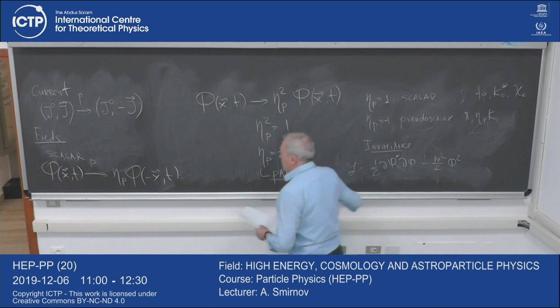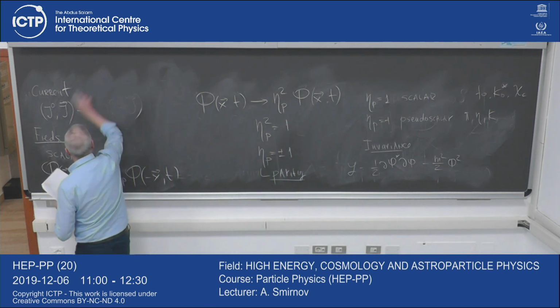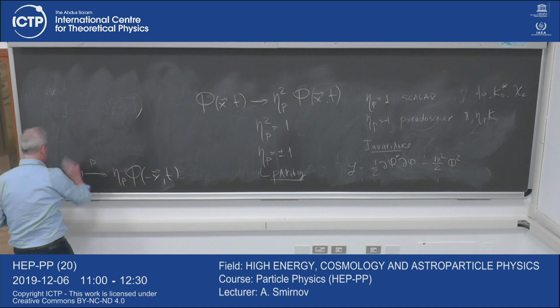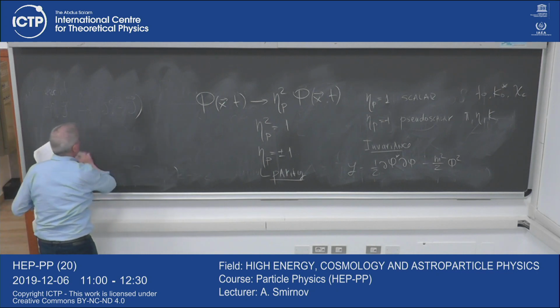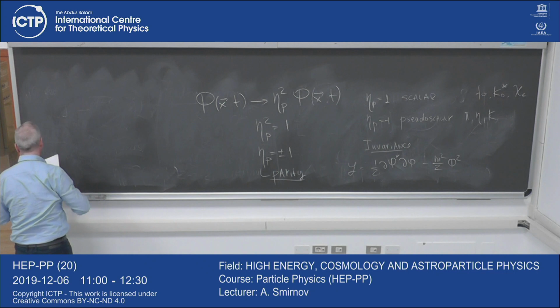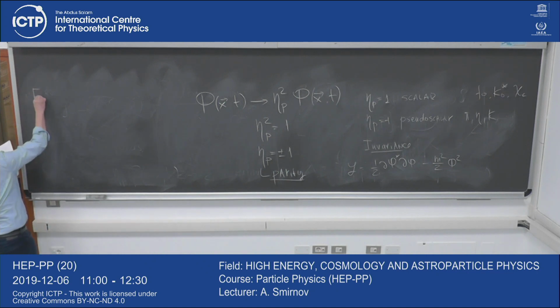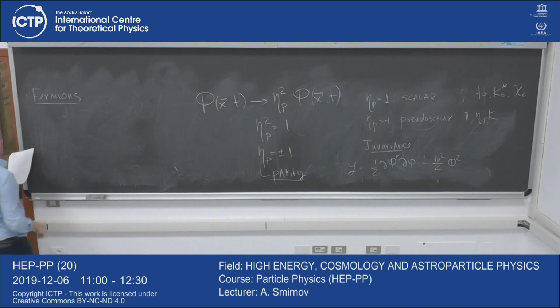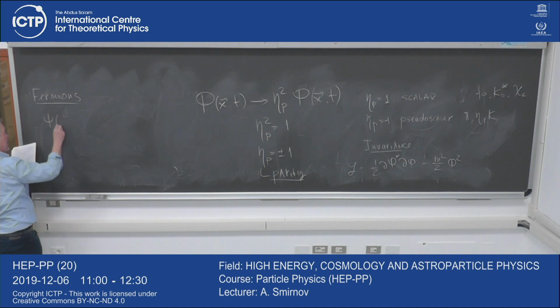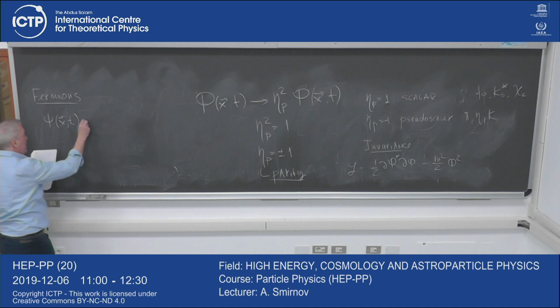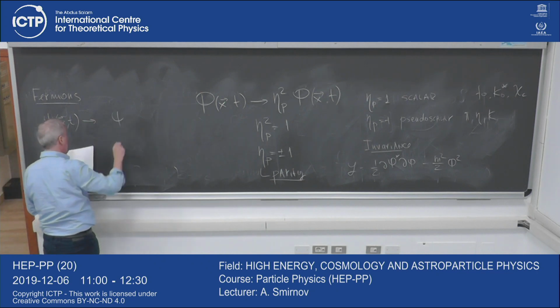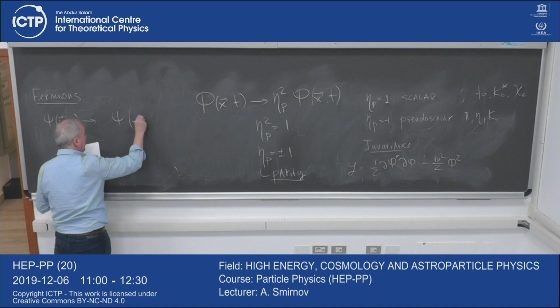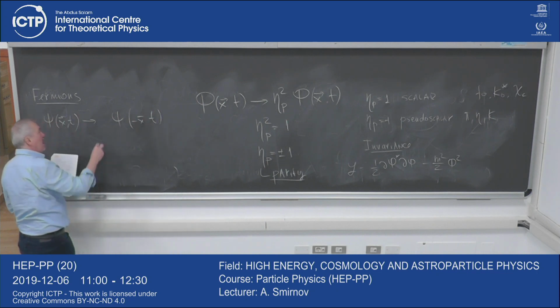Now, let's see how other fields are transformed under P. Let us take the fermionic field. For fermionic fields, we have psi(x,t), which goes to B psi(-x,t).